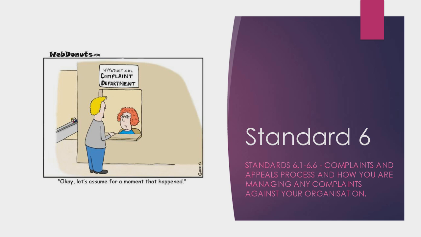It is more important that you ensure that you have all of your policies and procedures in place and that you're implementing them, and that it's clear to the student what their rights and responsibilities are with regards to submitting a complaint and appeal. So it's really important that all of your students understand where to submit a complaint.